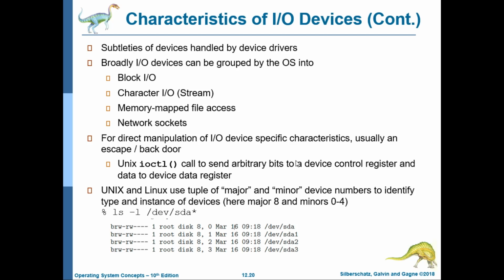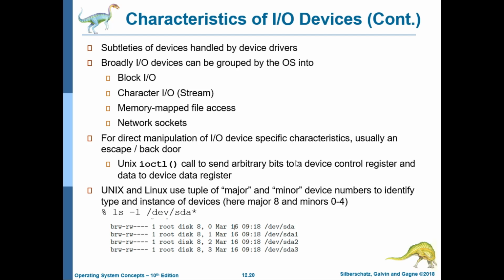For direct manipulation of I/O device-specific characteristics, usually an escape or backdoor is used. So what is this escape or backdoor? It transparently passes arbitrary commands from an application to a device driver. So the UNIX ioctl system call sends arbitrary bits to a device control register and data to a device data register.